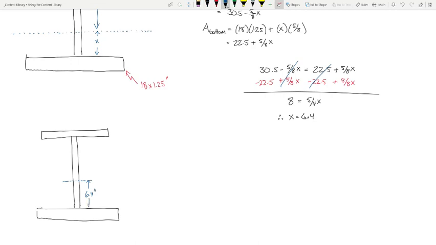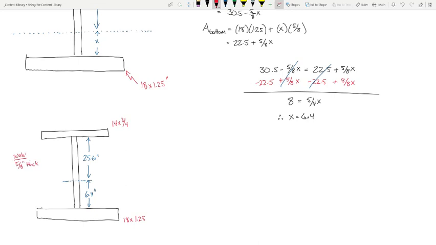So what's 32 minus 6.4? 25.6. So this is 14 by 3/4. This is 18 by 1.25, and the web is 5/8 of an inch thick.